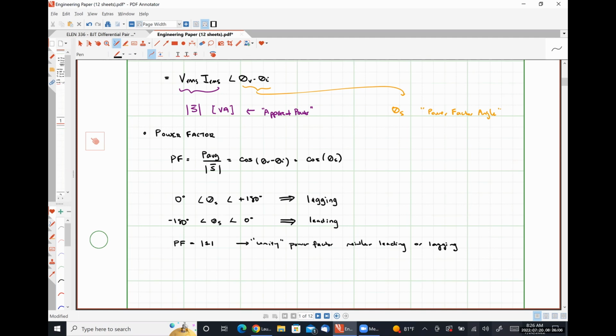This typically corresponds to theta S equal to 0 or theta S equal to plus or minus 180 degrees. If our power factor is 0, we also have a situation that is neither leading nor lagging.